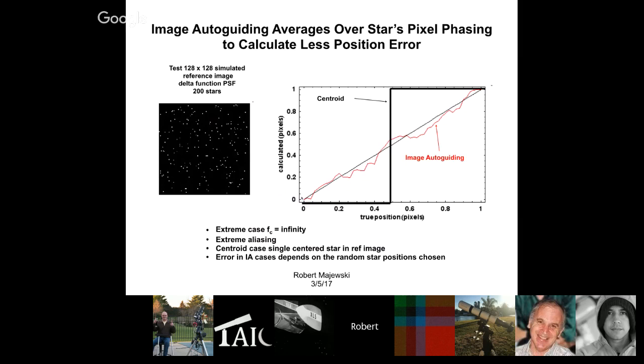With centroid tracking, you'd have this kind of response, like I just described. But then I ran the image autoguiding algorithm on it, and I got this curve instead, because it averaged over all those phasings that were occurring. It looks funny here, and this distribution has to do with the choice of random star positions. So the upshot is, because you're averaging once again over a larger region, these kinds of errors are minimized.